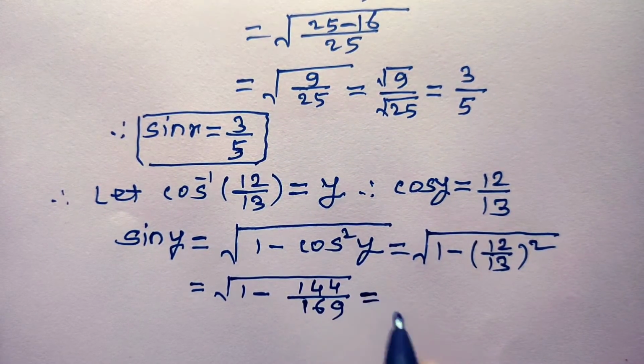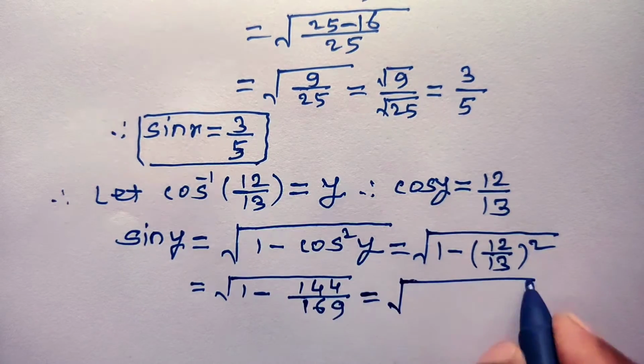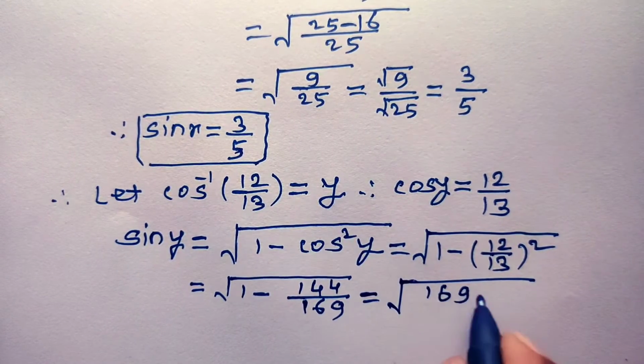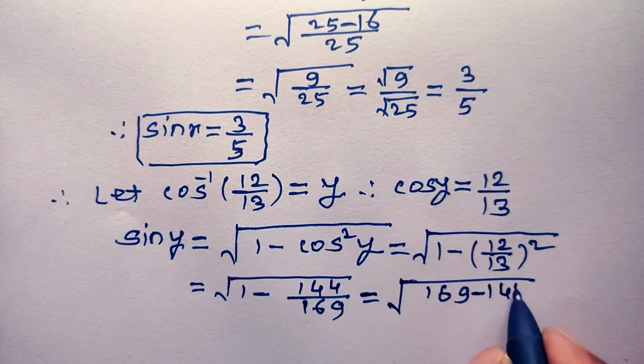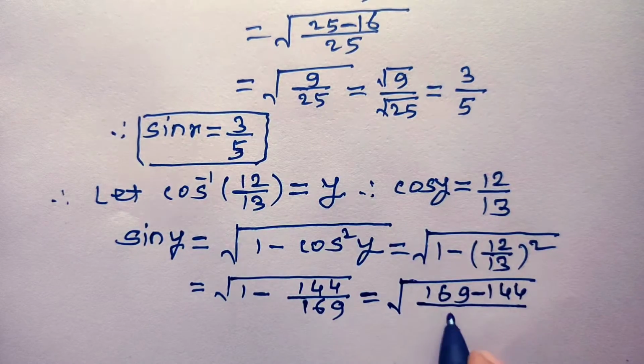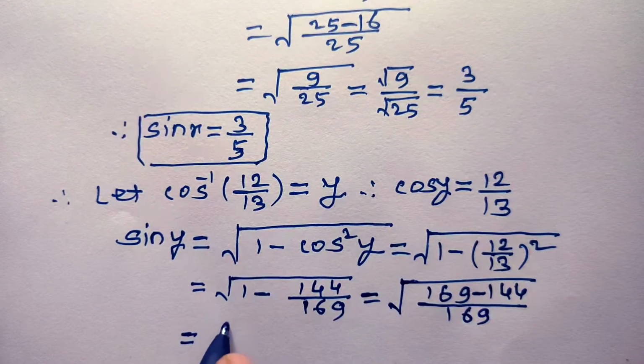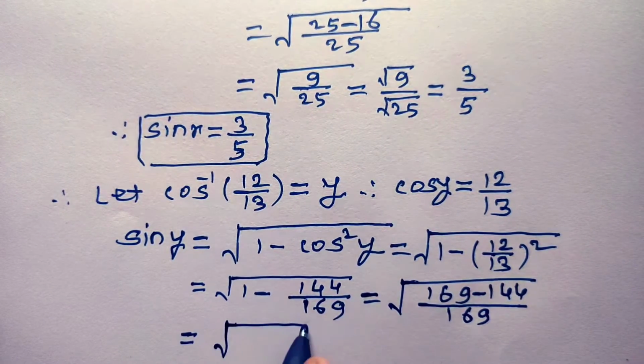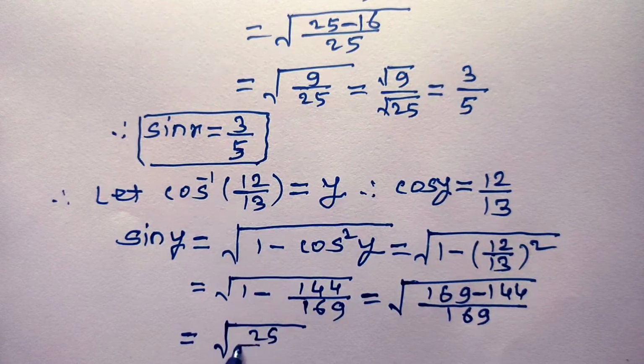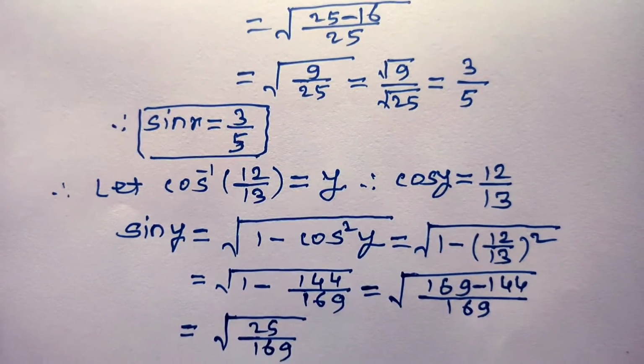Hence this is equal to square root of (169 minus 144) divided by 169. This is equal to 169 minus 144 is square root of 25 divided by 169.